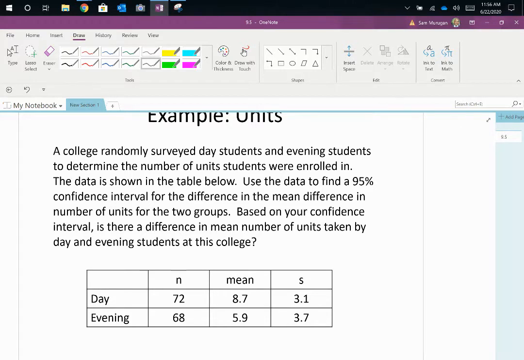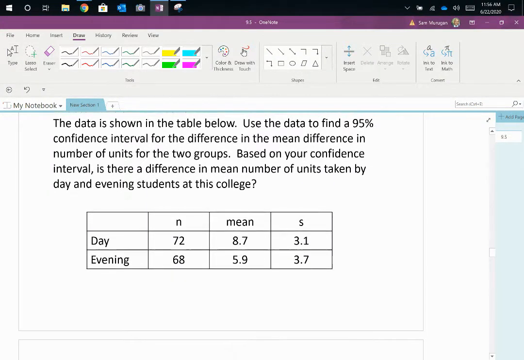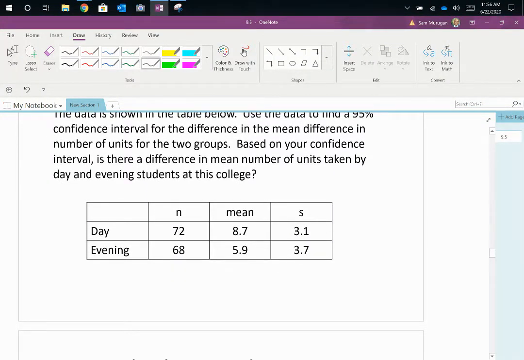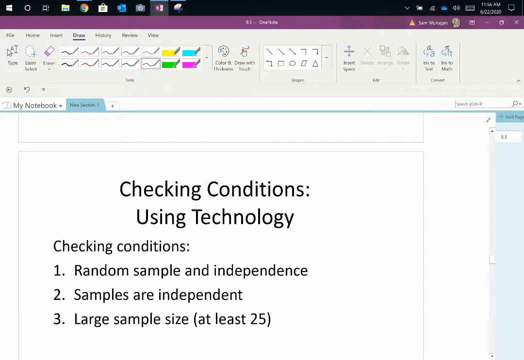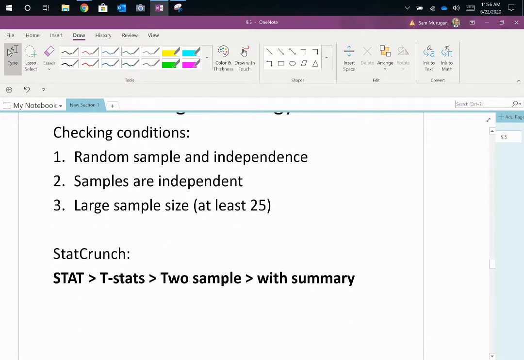Based on your confidence interval, is there any difference in the mean number of units taken by day and evening college students? So here we have in the day, number of students surveyed was 72, number of students surveyed for the evening was 68. Mean, standard deviation. Check the conditions: random sample, samples are independent, and large sample, okay?